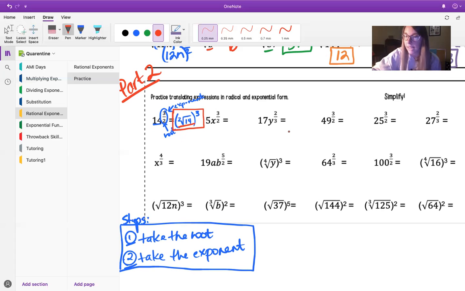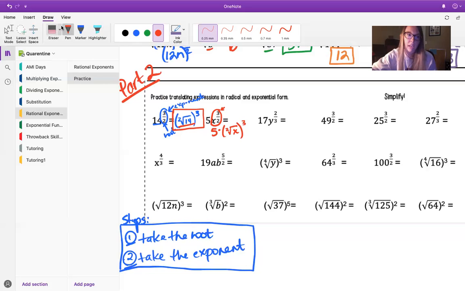Okay? Easy. Next, we have x to the 5 times x to the 3 halves. Just like in part 1, this 3 halves is only dealing with my x. So we're just going to bring down the 5, and that's going to be times the square root of x raised to the third power.